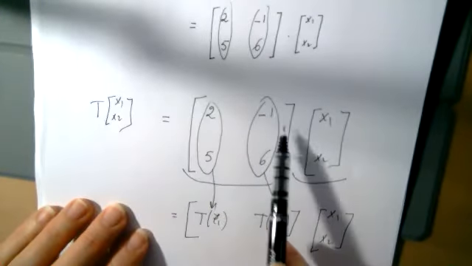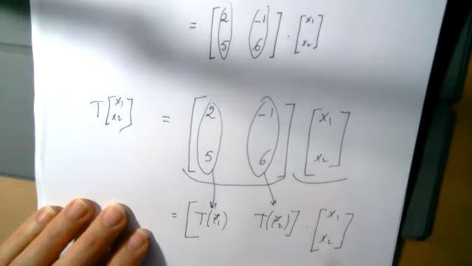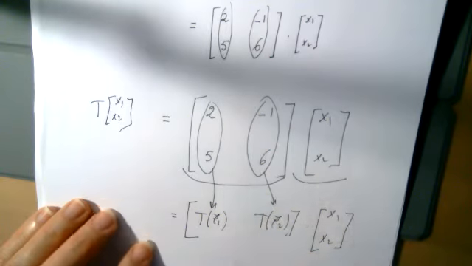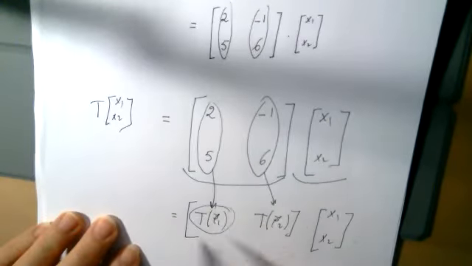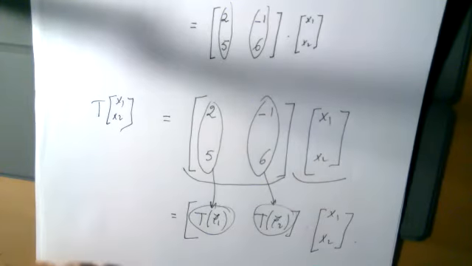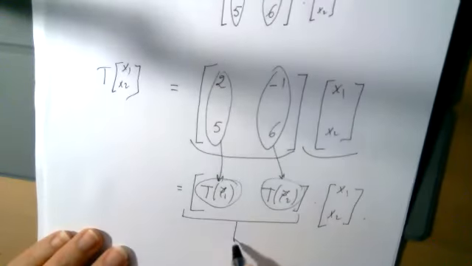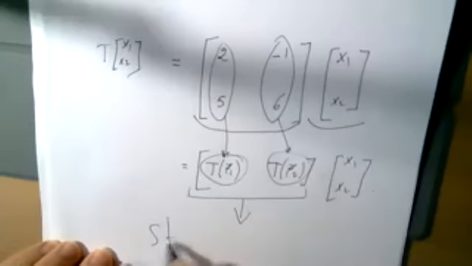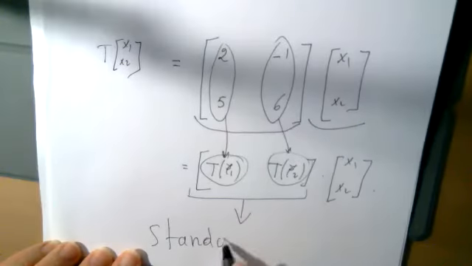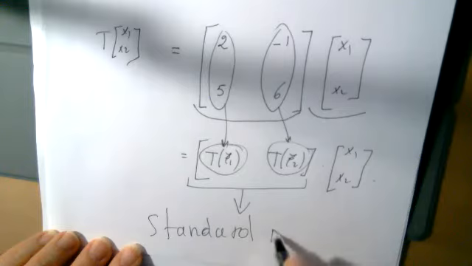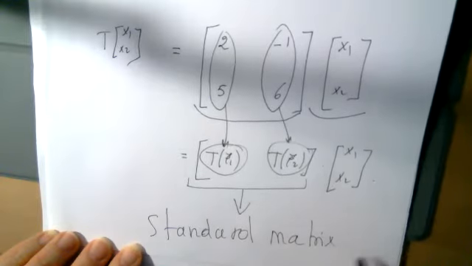It's the matrix A times x1, x2, where this matrix has for columns T of E1, T of E2. We're going to give this matrix a name, and we're going to call it the standard matrix of T.